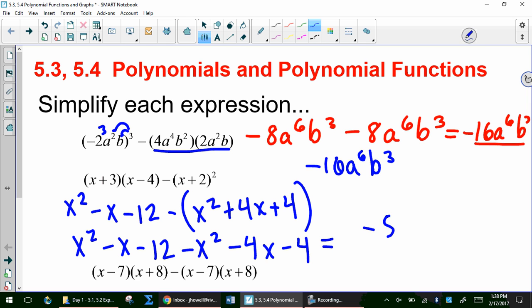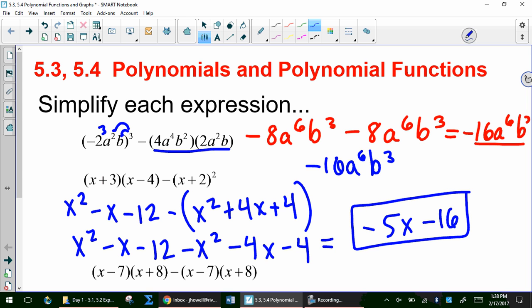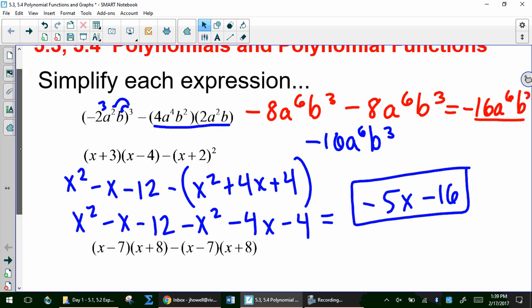So you get negative 5x minus 16. Okay? That's going to be important with these. Making sure we know where to place the grouping symbols, and if we are subtracting, making sure that we're adding the grouping symbols where we need to remind ourselves that we have to distribute. Okay, something that still needs to be cleaned up.